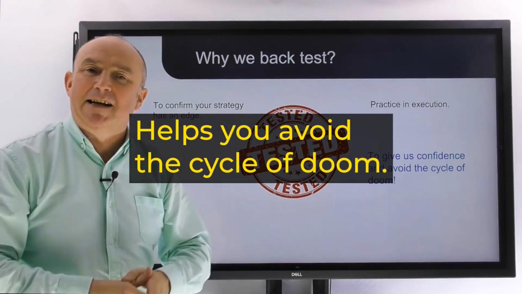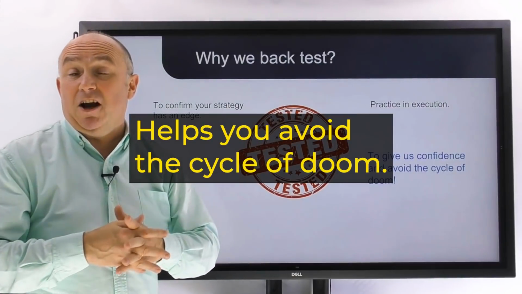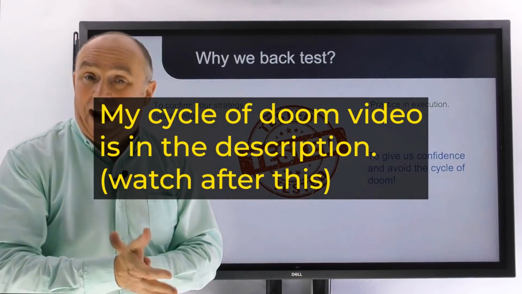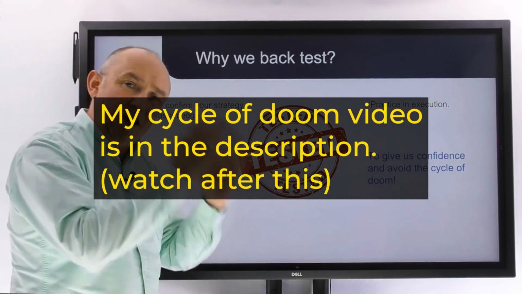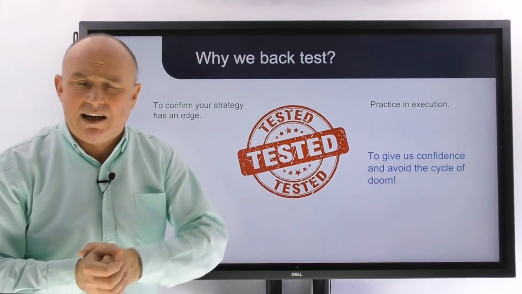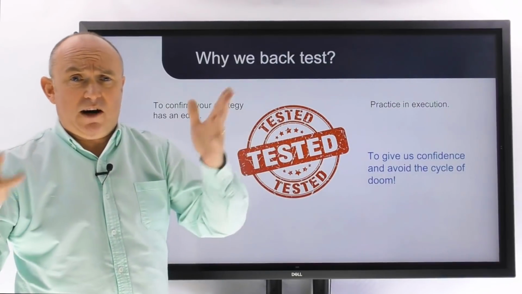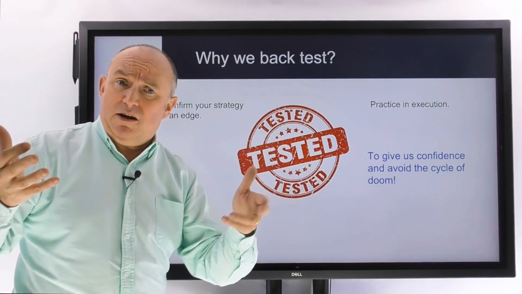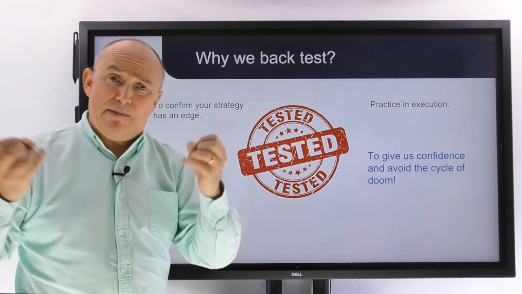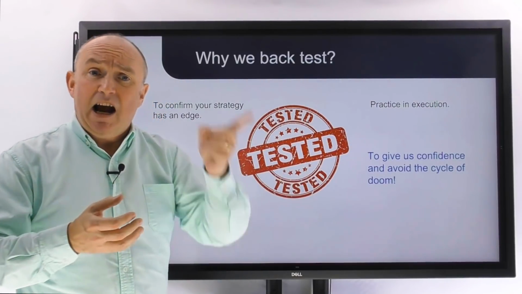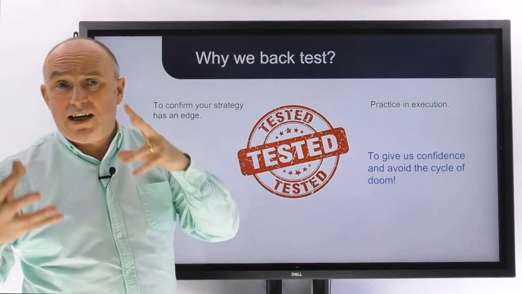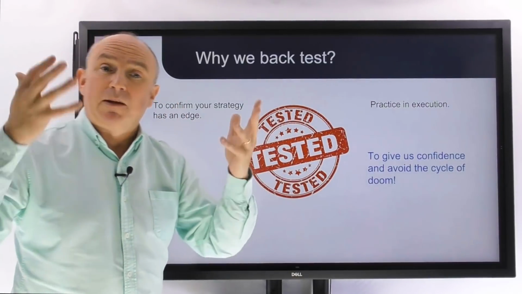I'm sure many of you have seen my most popular video, and my most relevant video that I've ever put out there in the Forex space, and that's the cycle of doom. It's why so many traders fail. You'll recall, very briefly, the cycle of doom is getting a strategy, trading a strategy, having some losing periods, tweaking it again, making some money, tweaking it, losing money, and just going around in that cycle, tweaking, changing, ditching strategies, finding a new strategy.